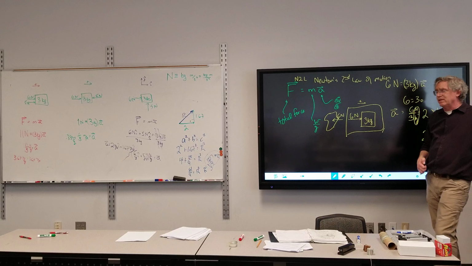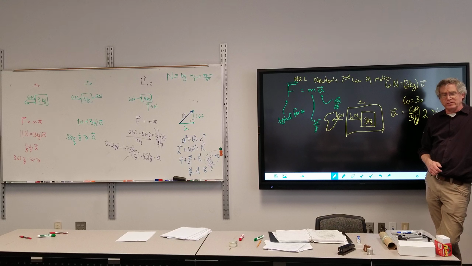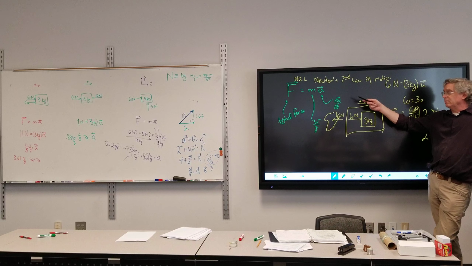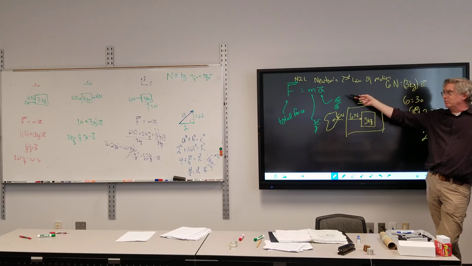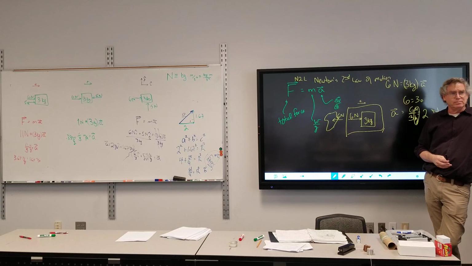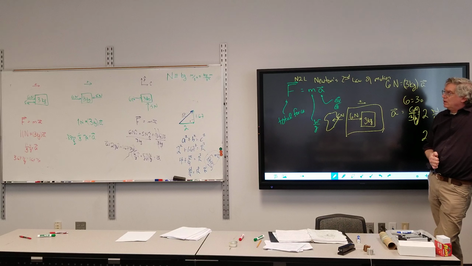The whole idea that an object wants to stay at constant velocity, that's Newton's first law of motion. So when objects do change their velocity, we have Newton's second law. And then there's a third law that we'll get to. Not yet.